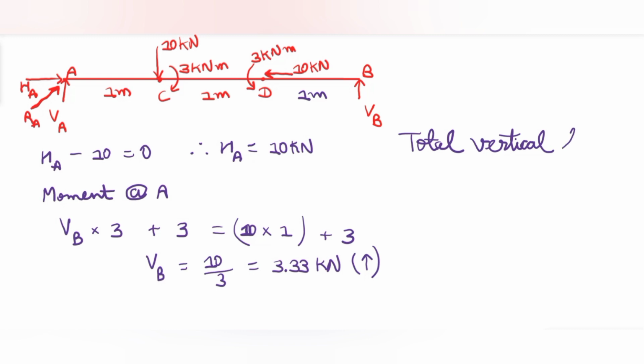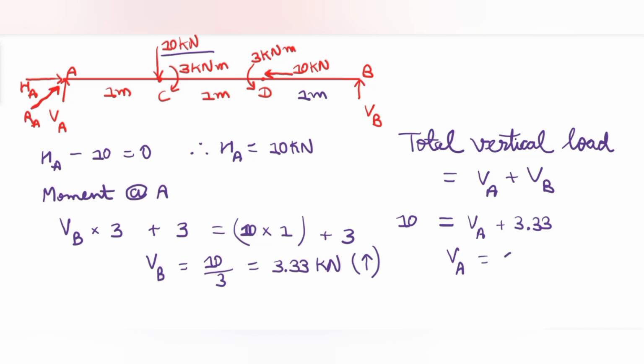Let's see how much the total vertical load will be. The total vertical load will be only 10 kilonewton, because only that is the vertical load acting. So we have 10 is equal to VA plus VB. VB is 3.33. So VA will be equal to 6.67 kilonewton.